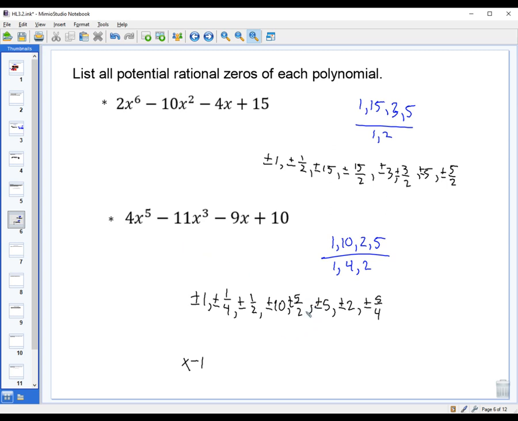If we tried 5 halves in for the x and it gave us a 0, we would then know that x minus 5 halves would be a factor. So now you know that these are the only ones you have to try. These are all your potential zeros.